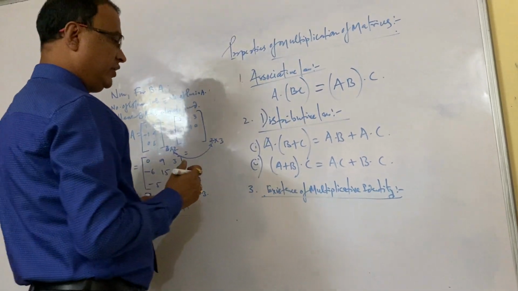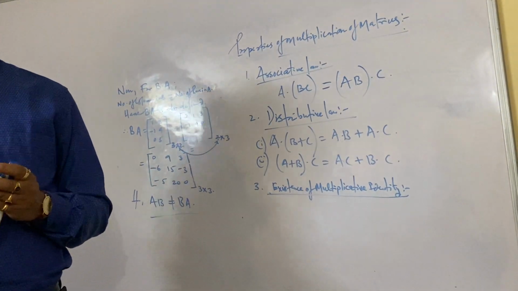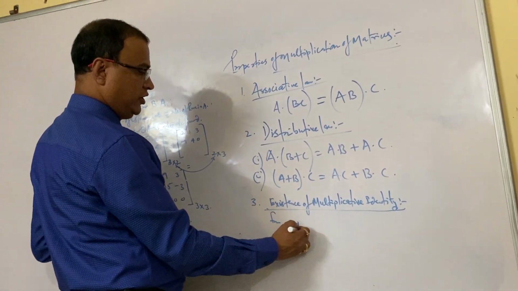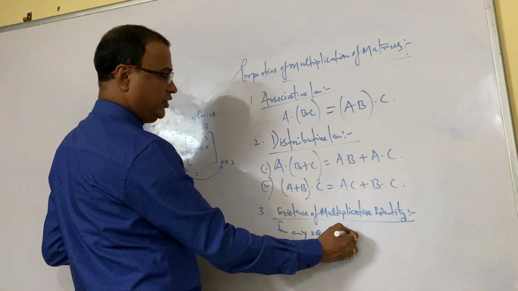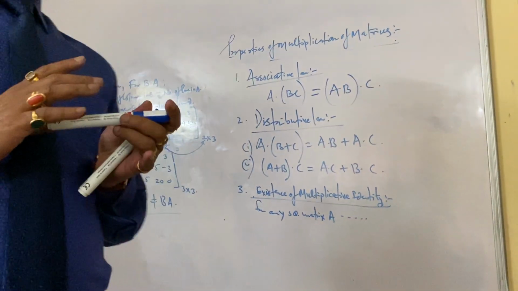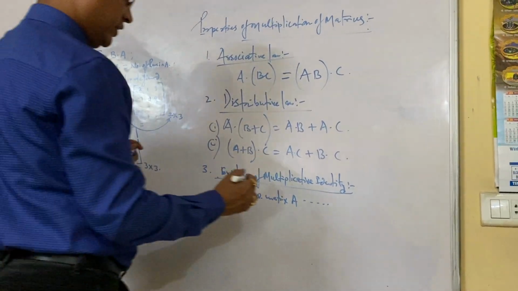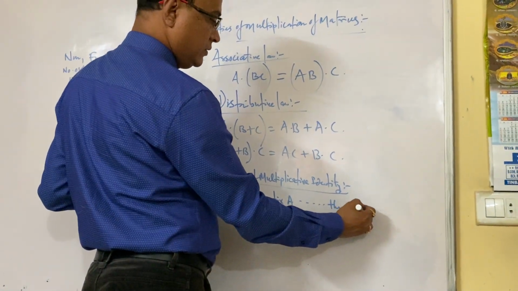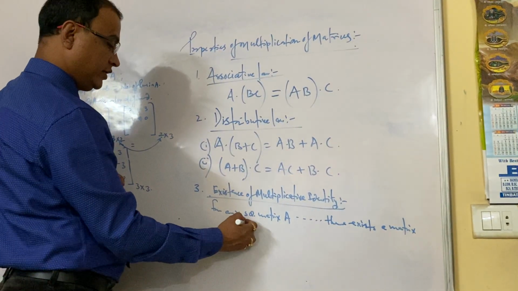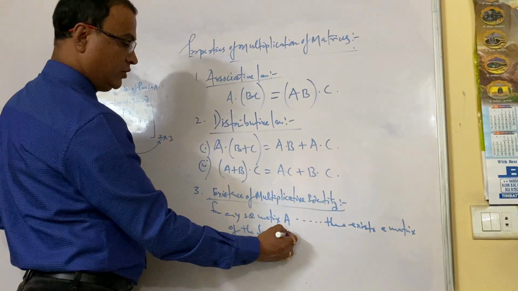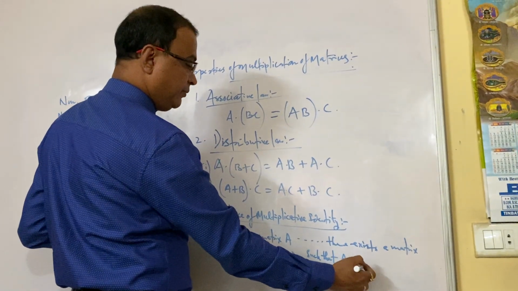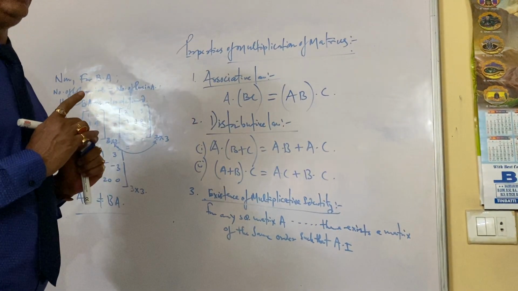Multiplicative identity: for any square matrix A, there exists a matrix of the same order such that A into I, where I is the identity matrix.